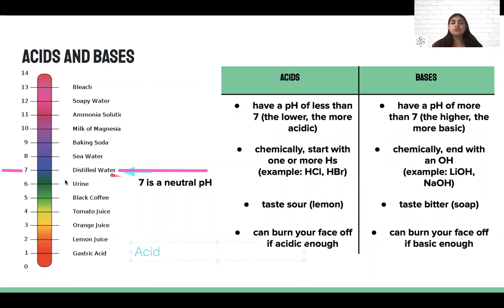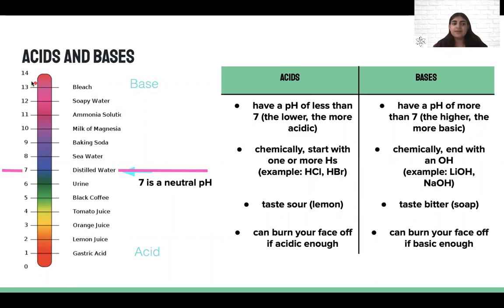So 7 is neutral, but basically 6 and below is going to be acidic. And 8 and above is going to be basic, or, a base is what I mean to say. And basically the further you get from 7, the more acidic or the more basic something is.